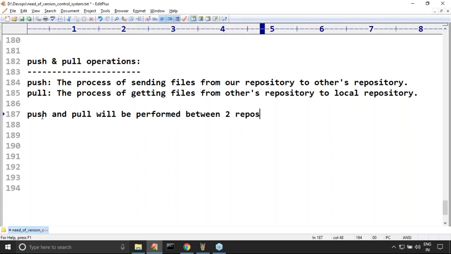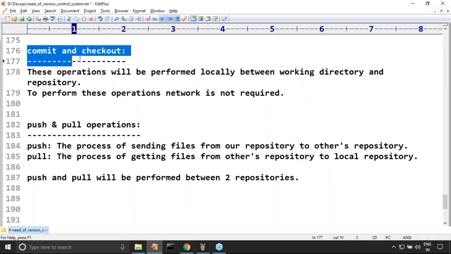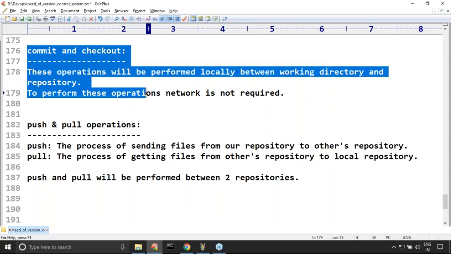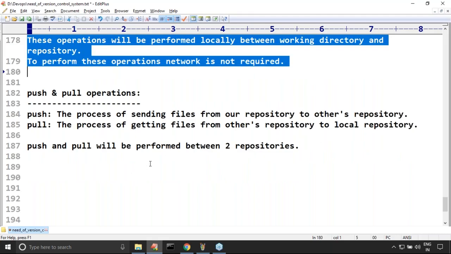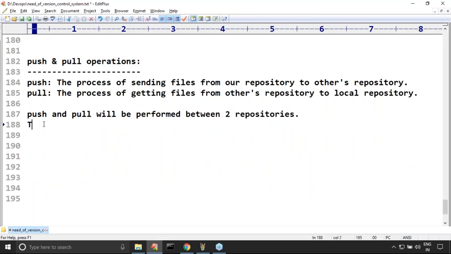Remember very carefully, not between the working directory and the repository. Are you seeing the difference? Commit and checkout are local operations. Push and pull are performed between two repositories. These are remote operations. Correct or not?